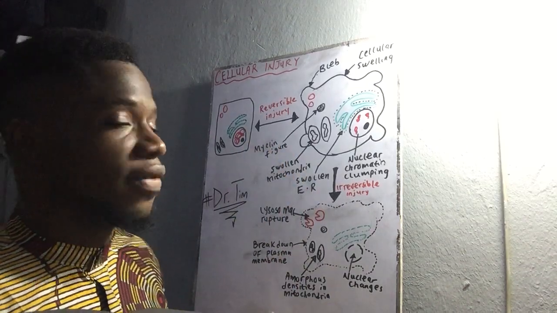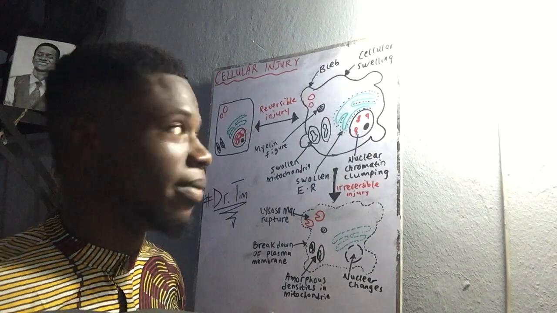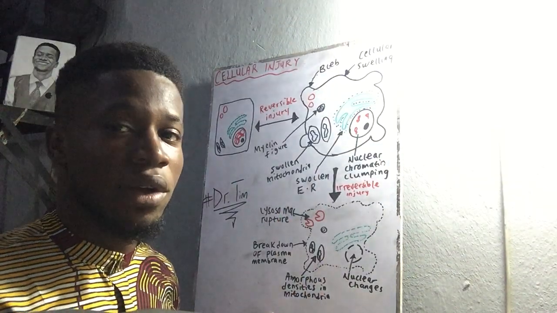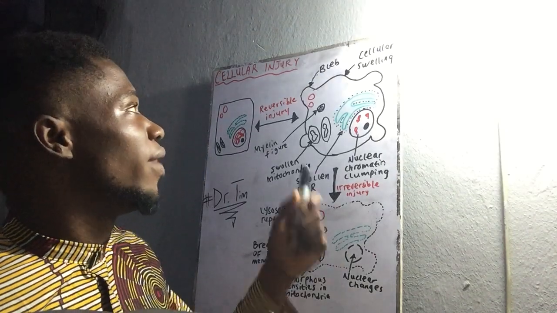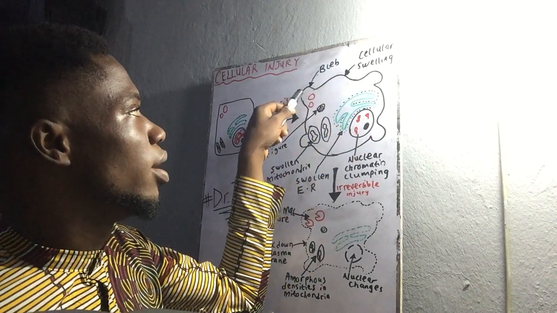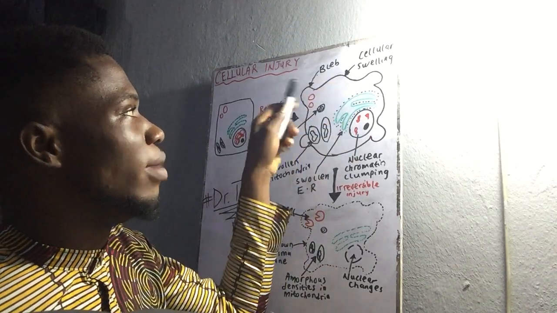All right, so what happens in reversible injury? You could be asked in your exam. A couple of things happen in the reversible injury stage of cellular injury. The first thing that happens is that there'll be appearance of what they call blebs all over the cell, and then there'll be cellular swelling.